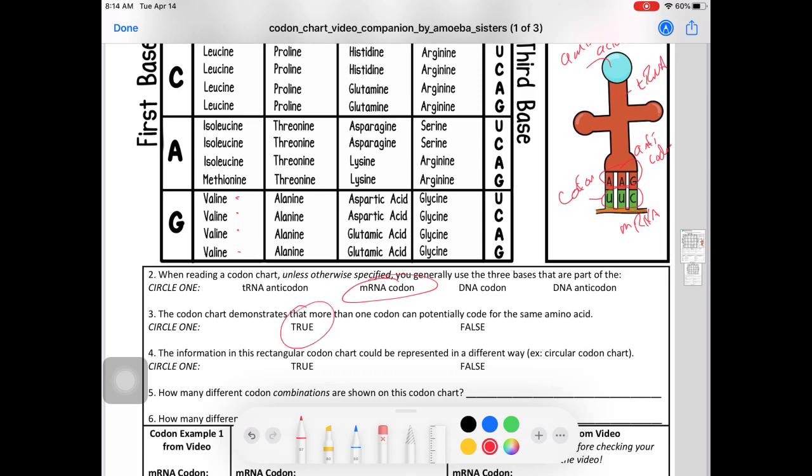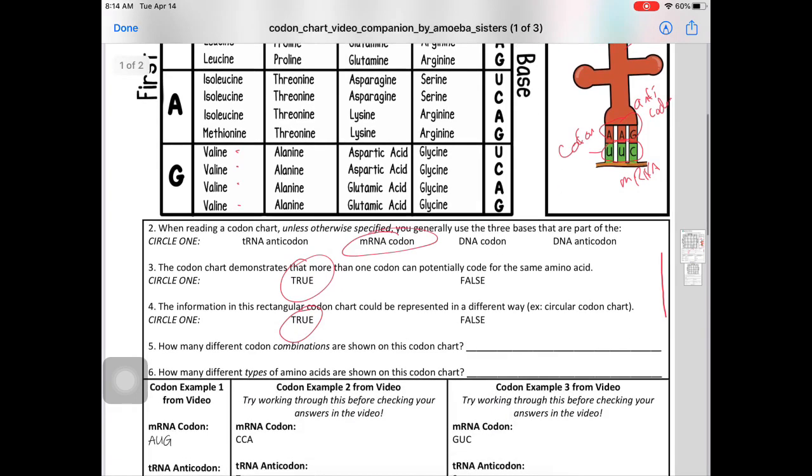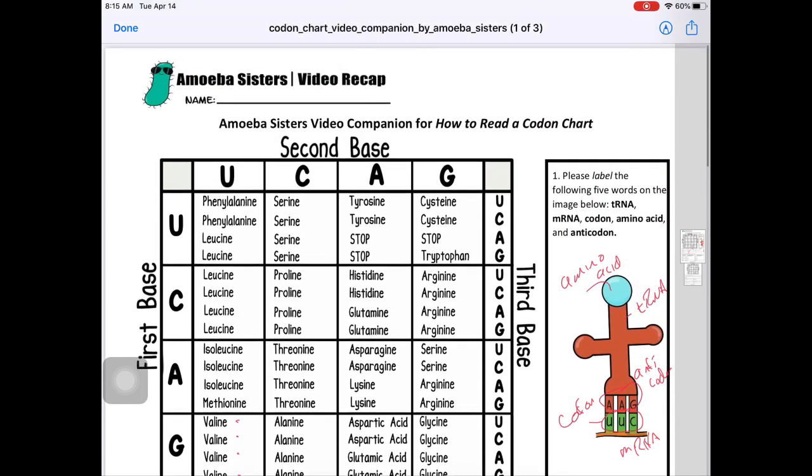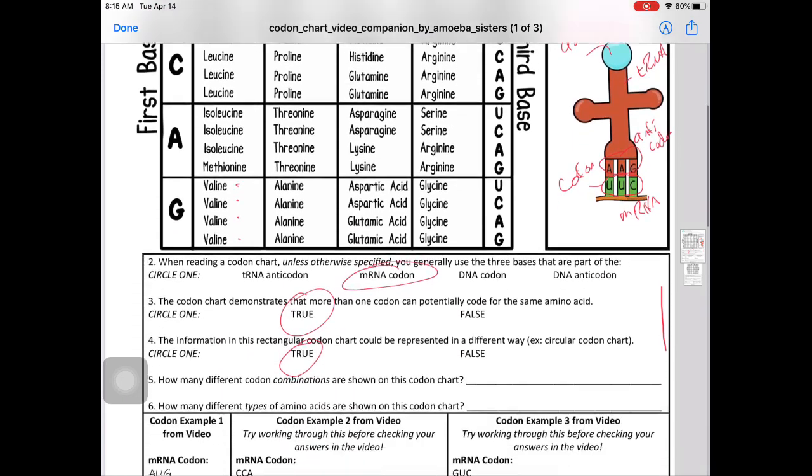The information in this rectangular codon chart can be represented in a different way, and that's also true. So sometimes it's in a circle, sometimes it's in this rectangle, either way. How many different combinations are shown on this codon chart, and how many different types of amino acids are shown on this codon chart? Well, that's going to require some counting.